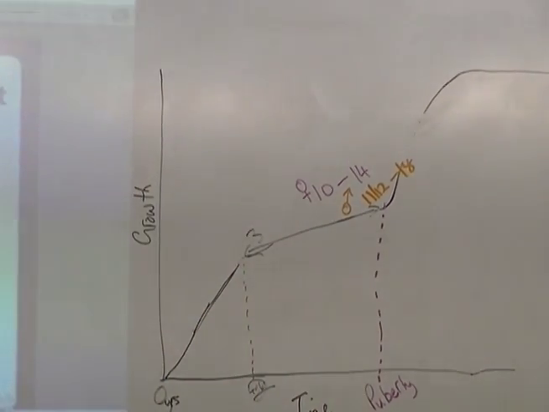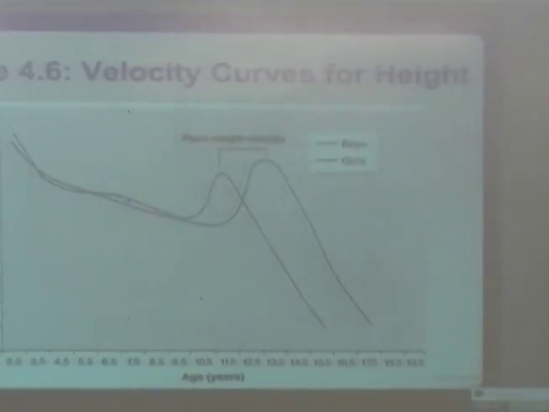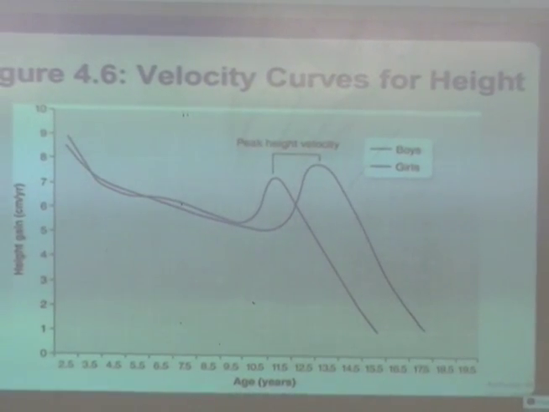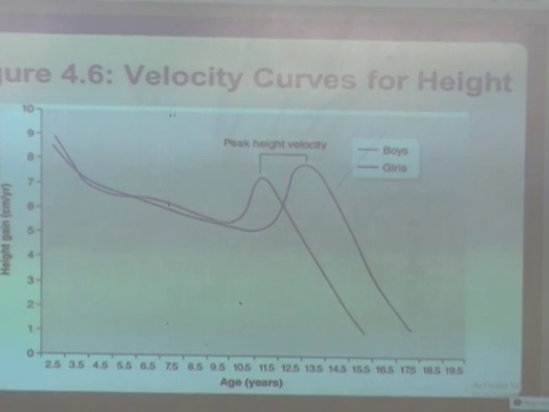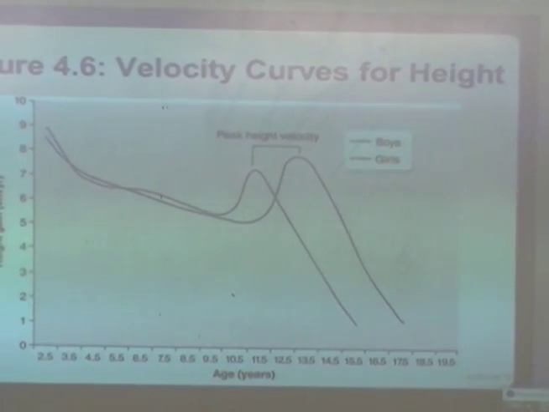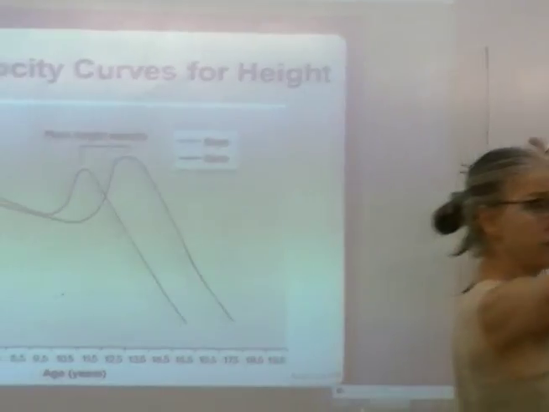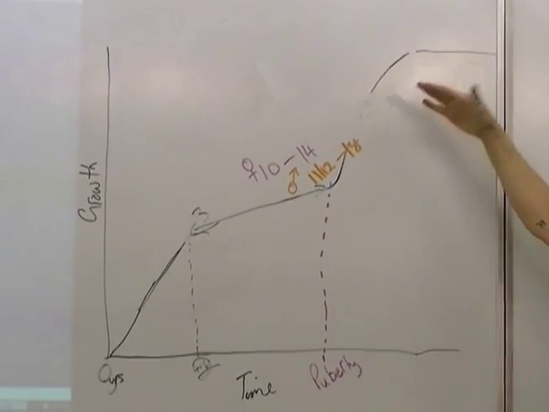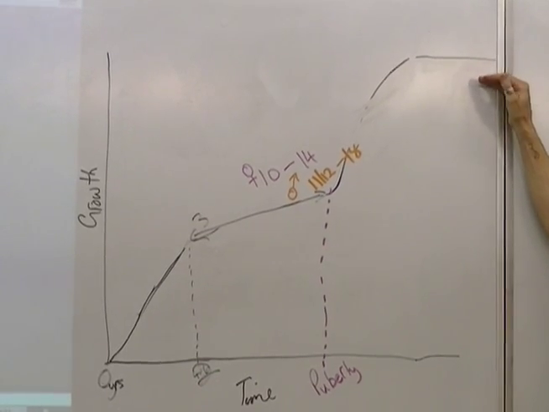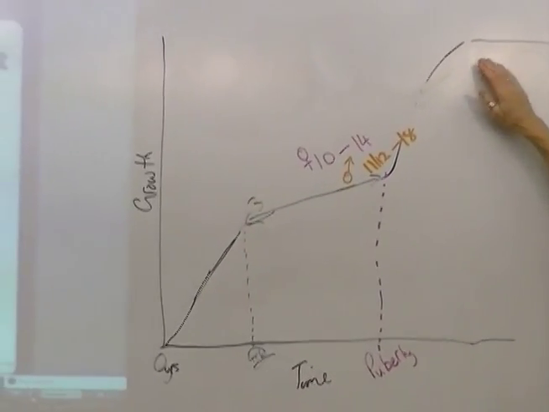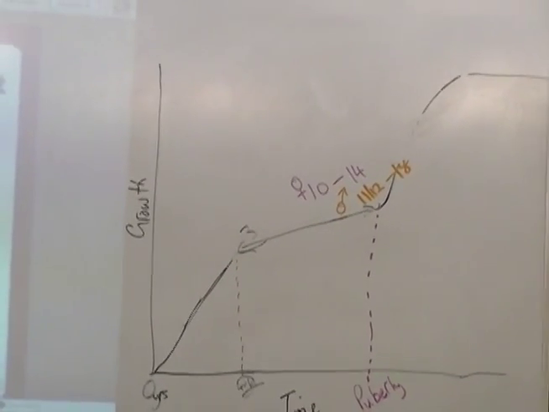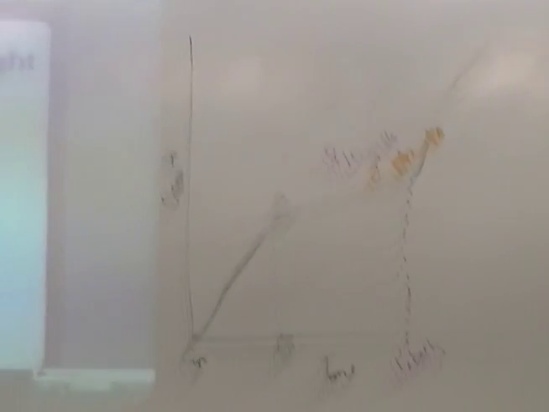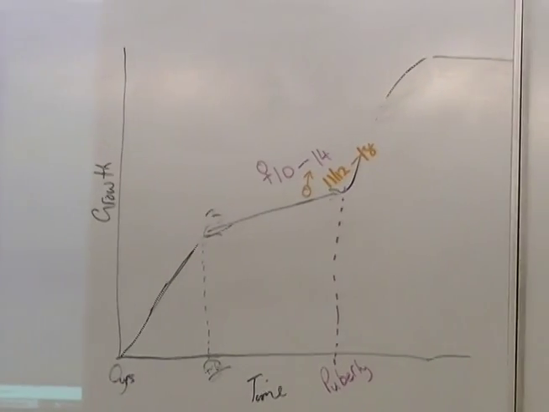Since they're still growing quite fast until the end of puberty, you might not get a very clear change in the slope on the distance curve. Then once we reach adulthood, once we finish growing, the point at which this plateaus is going to be different for different individuals. But at some point, we plateau until we're in our mid-40s, early 50s, and then we start to shrink a little bit, but slowly.